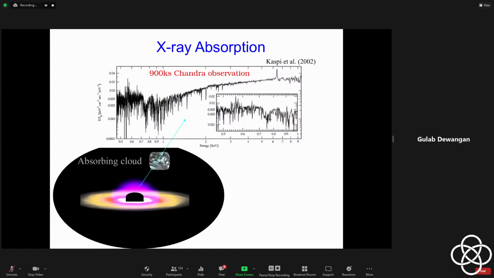And some of these were actually not known from atomic physics. Only when these features were observed in X-rays in the spectrum of AGN did people figure out what kind of atomic transitions can actually result in some of these things. And that's how astrophysics also helps atomic physics to find the atomic transitions, etc.